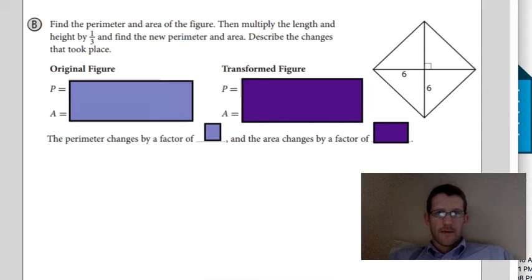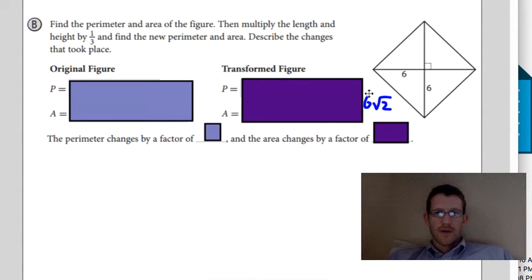Okay, 2 more here. For this one, I'm going to go ahead and cheat a little bit and give you the original figure data in a second. But just a reminder that this is an isosceles right triangle, so that's 6 and 6, so therefore this is 6 square root 2 for this length, and it's a square.